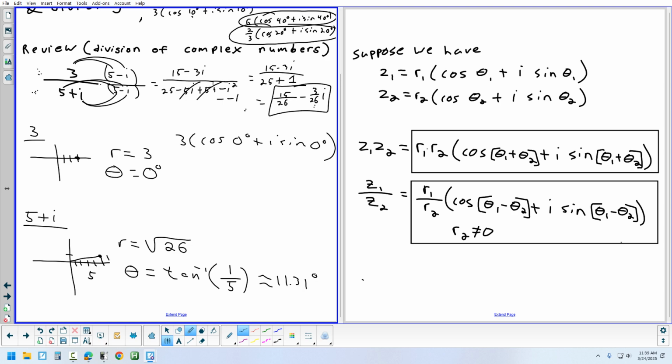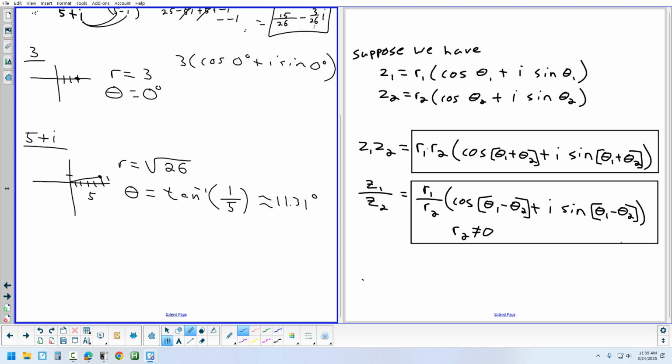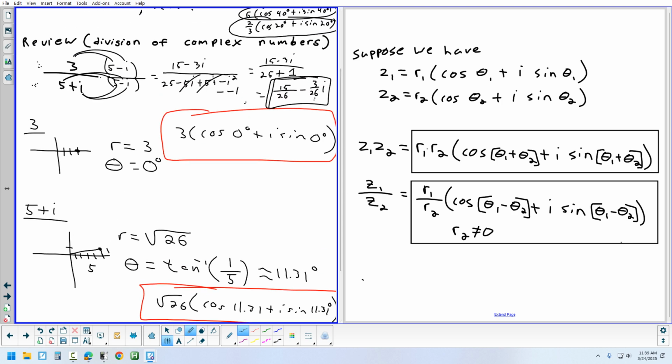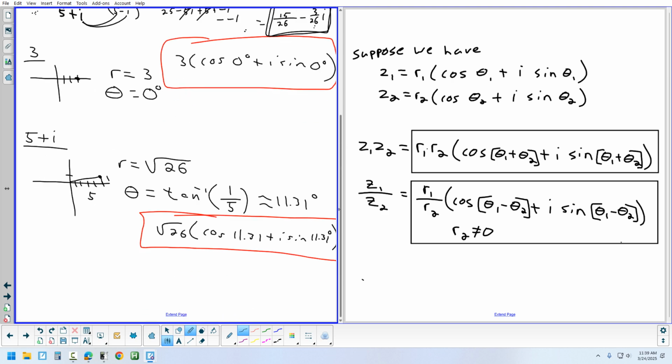That one in trig form is r cosine 11.31 plus i sine 11.31. So there's my first number in trig form. There's my second number. Now, let's divide them in trig form and see if we get this as our answer.